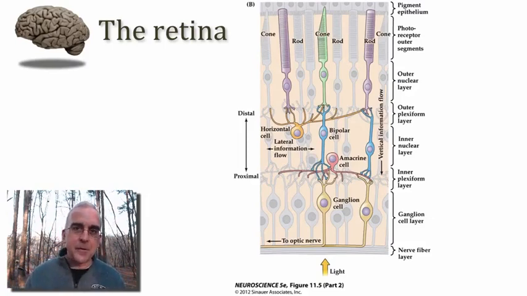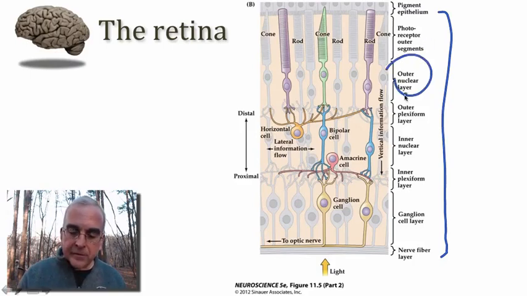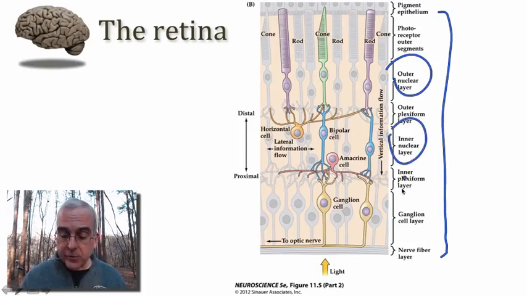Okay, I need to make a few additional points about these cells in the retina. Let me point out how short these distances are in the retina. The entire thickness of the human retina is not more than a millimeter or so. And as a result, there really is no need to generate action potentials to get a signal from, let's say, the outer nuclear layer to the inner nuclear layer, or from the inner nuclear layer to the ganglion cell layer.